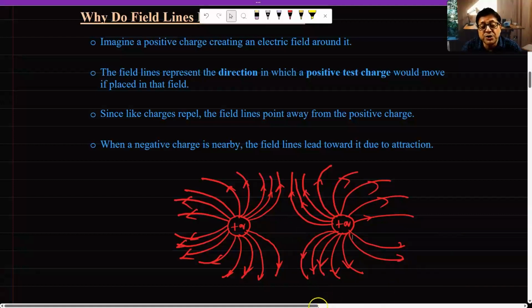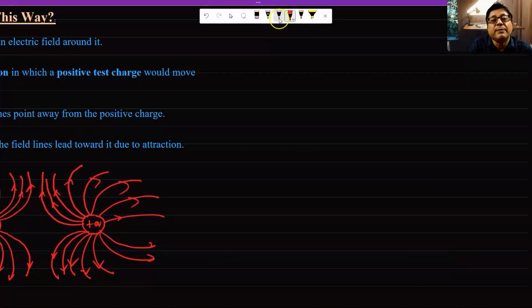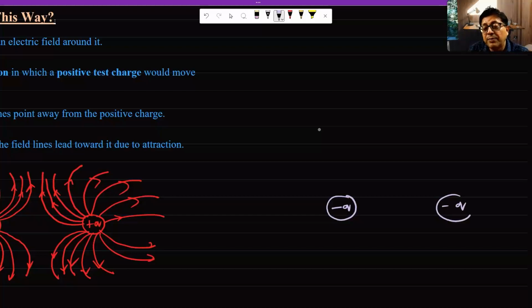Similar is the situation when you consider two negative charges by keeping them side by side. If you keep a minus Q charge here and another minus Q charge here, it will just be repeated, but this time lines of forces will be directed towards the charge.